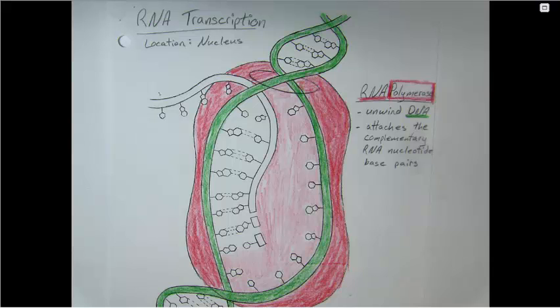Remember, the process of RNA transcription is the process that converts DNA into messenger RNA. So that RNA polymerase first unwinds the DNA, then it attaches the complementary RNA nucleotide base pairs, and at the end, it creates new messenger RNA.